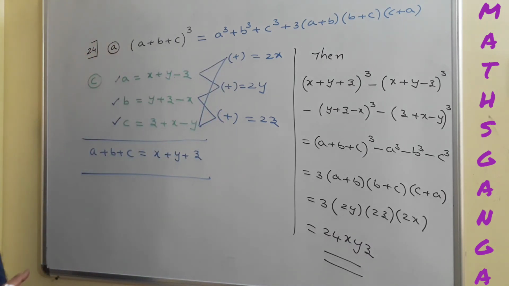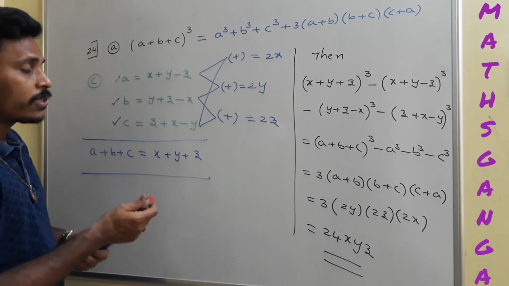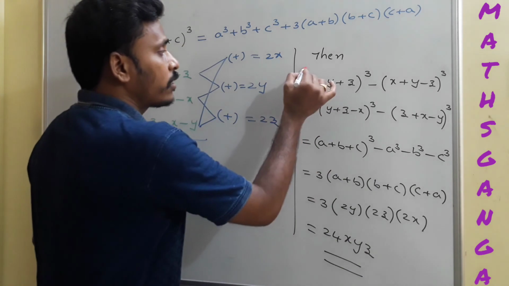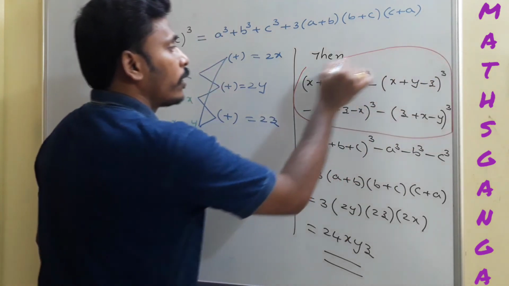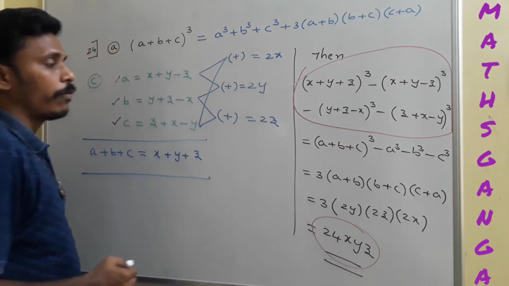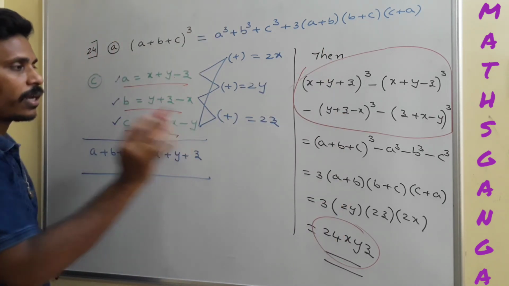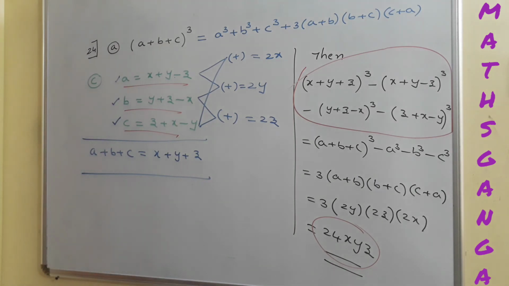Just have a look. What I am representing to you is that the simplified answer for this problem is 24xyz, and you just get that simplification by this formula with these a, b, c. That's the situation. Just have a look. Go for a screenshot.